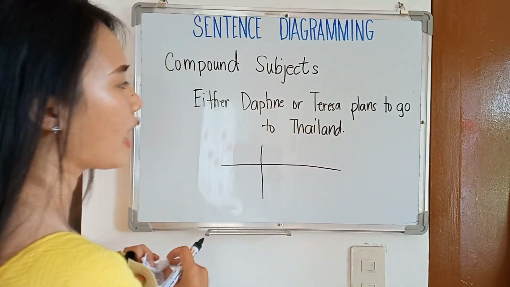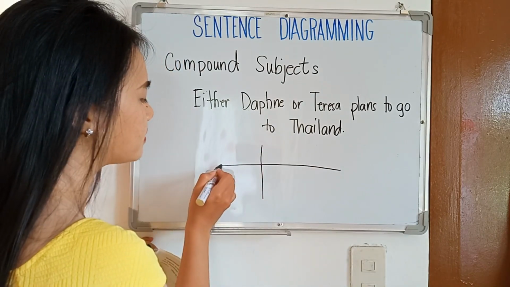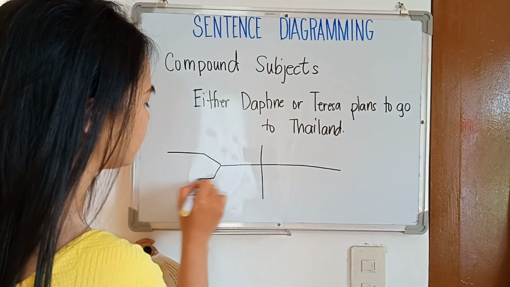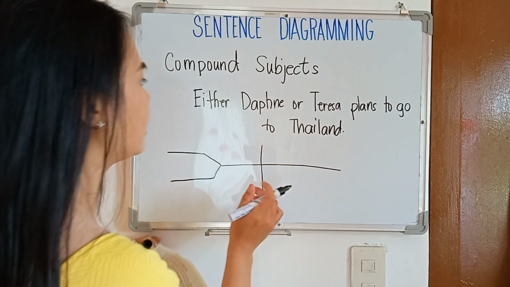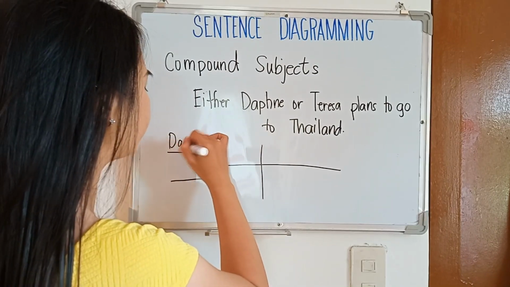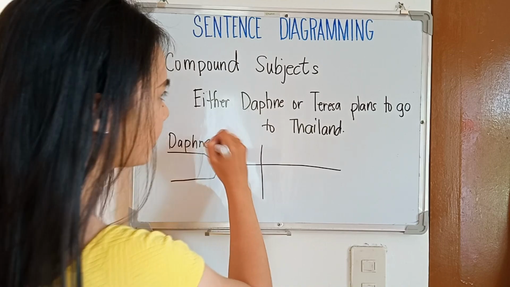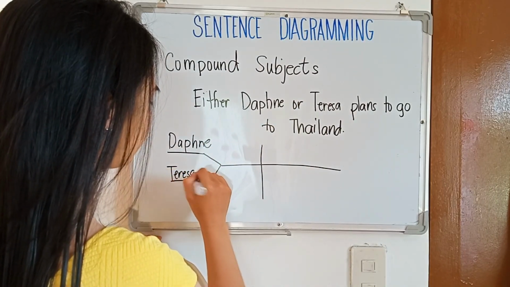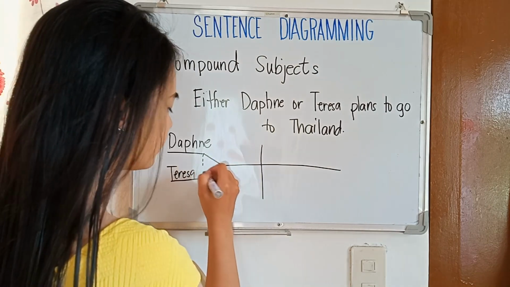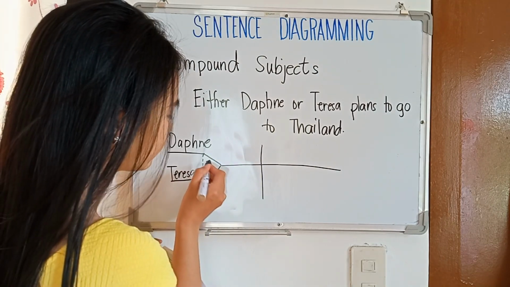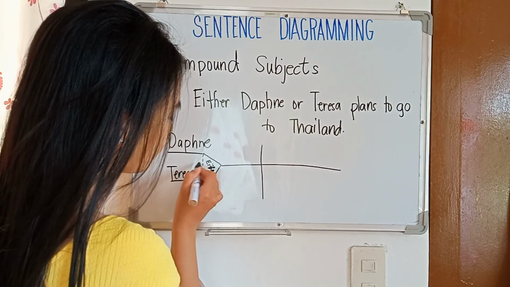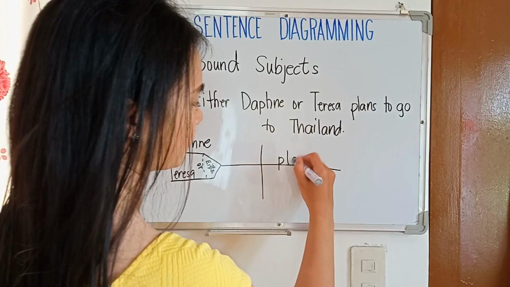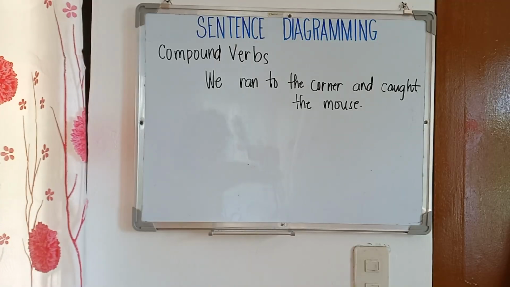Then since we do have two subjects, or compound subjects, we have to draw two branches like this one. And Daphne, you write Daphne here. And then Teresa. And then another dotted line. Then either or. And then the verb, which is plans.